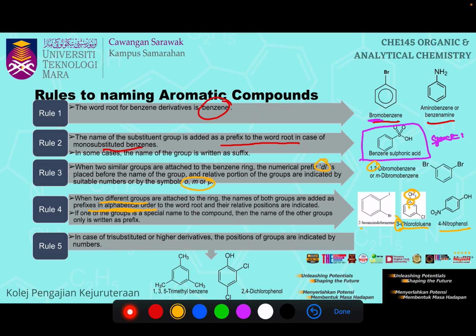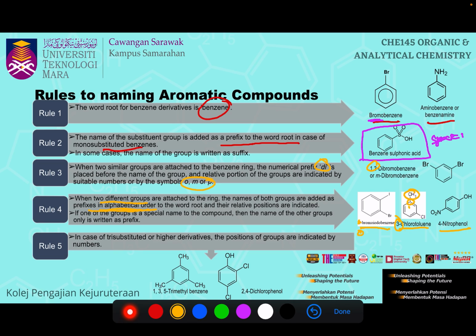For bromoiodobenzene, in this case, you can actually use ortho-bromoiodobenzene, or you can also write 1-bromo-2-iodobenzene. The 2 here, I think there's something wrong.